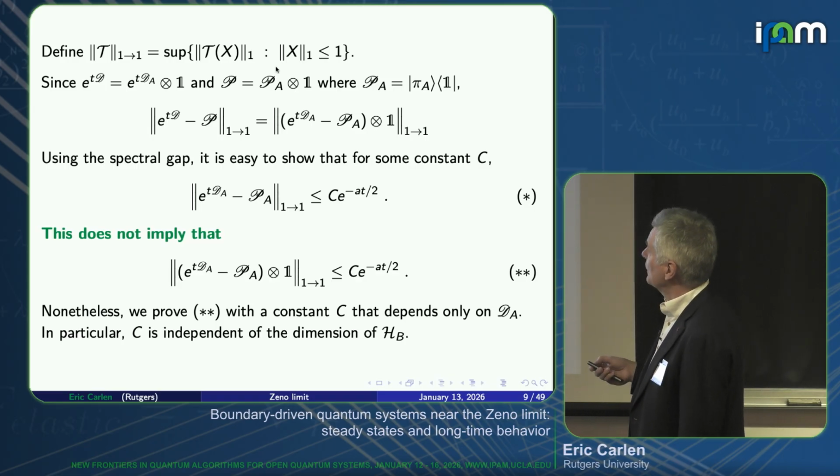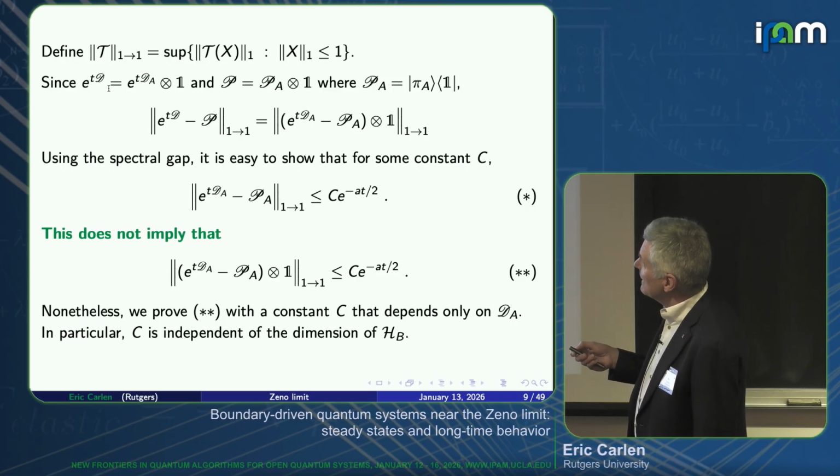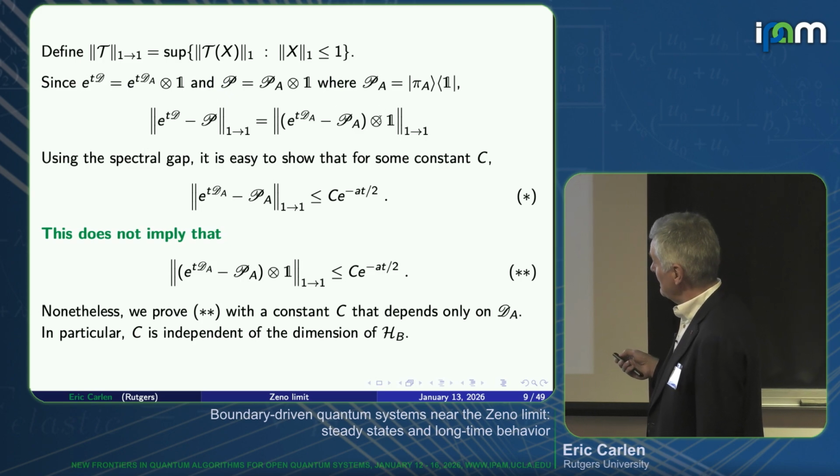Now, if you take the e to the tD, we said earlier this is e to the t dA tensor the identity. And this projector is the same thing as this rank 1 projector tensor the identity. So this map that we're looking at here is this thing tensor the identity.